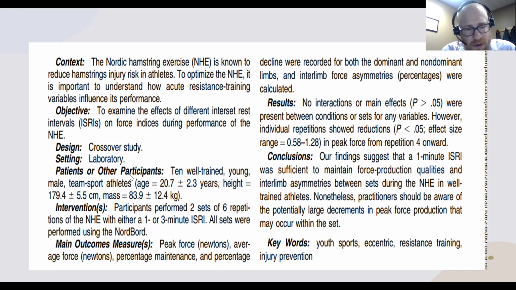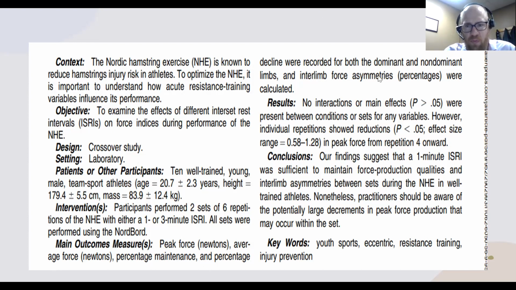They gave us their patients: 10 well-trained young males, team sport athletes, with a mean age, height and weight as well, interventions, and then our main outcome measures. They've expressed the independent and dependent variables here, the dependent variables being peak force, average force, percent maintenance, and percent decline, and also looking at inter-limb force asymmetries.